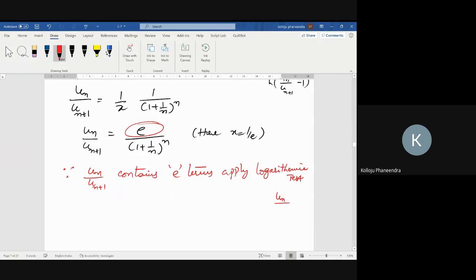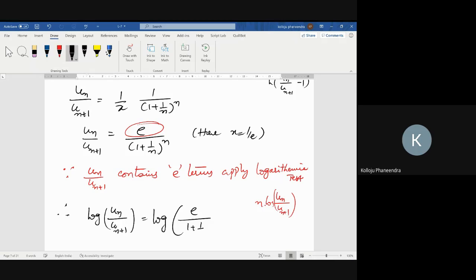For this un by un plus 1, you have to take the log, then multiply by n. Therefore, I have to take log of un by un plus 1. This is log of e by 1 plus 1 by n whole to the power of n.